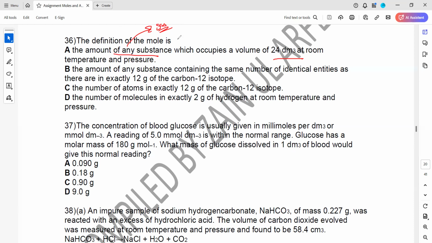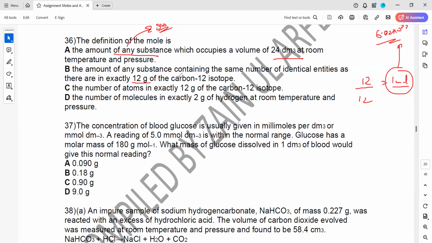Amount of substance that contains the same number of identical entities that are in exactly 12 gram. So 12 gram of carbon, how many moles will be there? 12 divided by 12, so 1 mole. And 1 mole of carbon, how many particles are there? 6.02 times 10 to the power 23 particles, which is Avogadro's number.